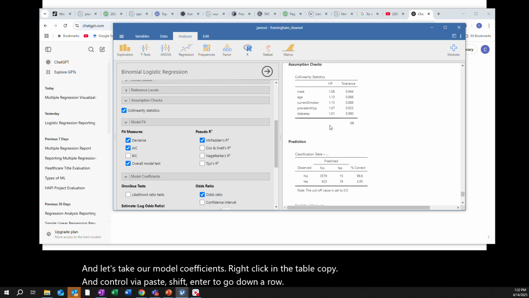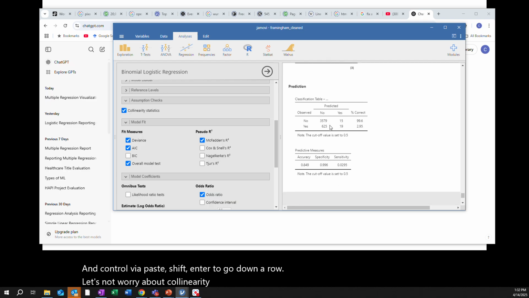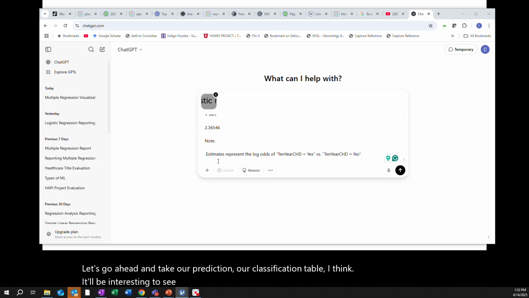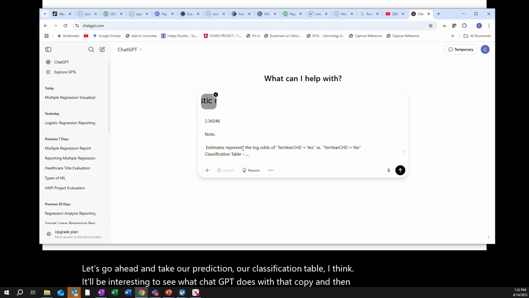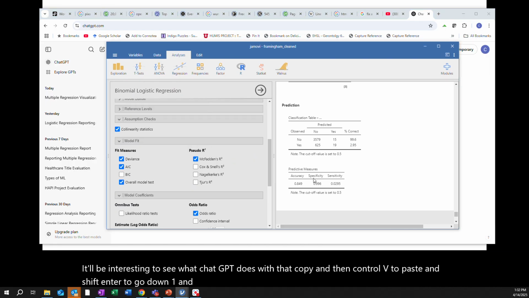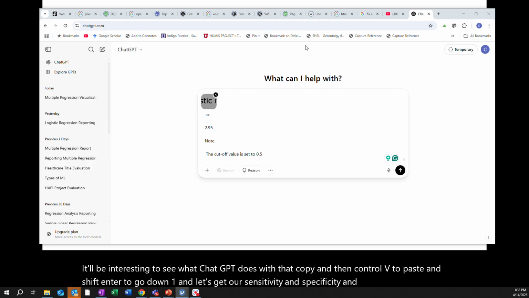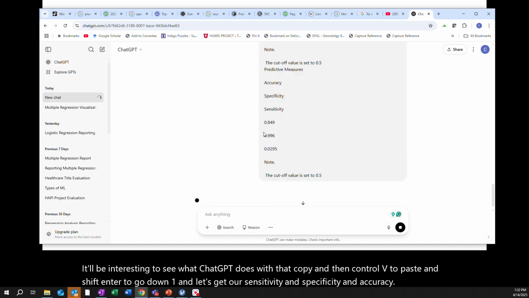Let's not worry about collinearity diagnostics. Let's go ahead and take our prediction, our classification table. I think it'll be interesting to see what ChatGPT does with that. Copy and then Control V to paste and Shift enter to go down one. And let's get our sensitivity and specificity and accuracy. All right, hit enter.